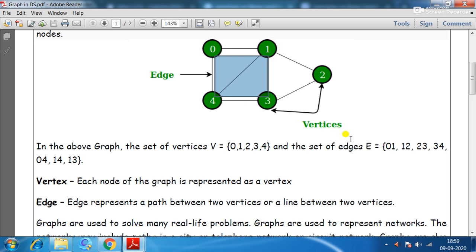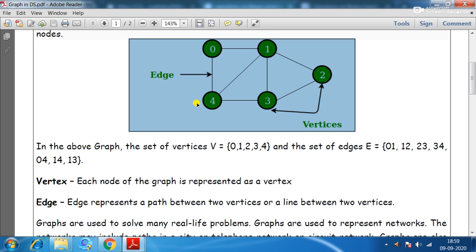So these are the set of edges and the set of vertices is 0 1 2 3 4. Edges are nothing but connections between two vertices.